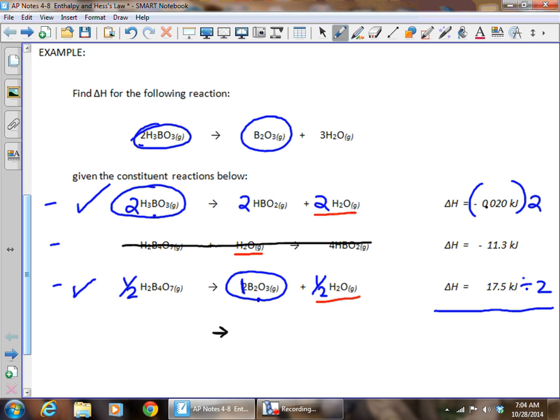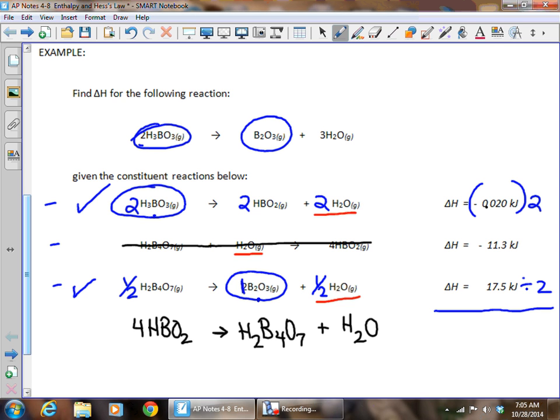So let's rewrite this. When we rewrite it, we've got 4 HBO2s, and we've got it forming H2B4O7 plus H2O.